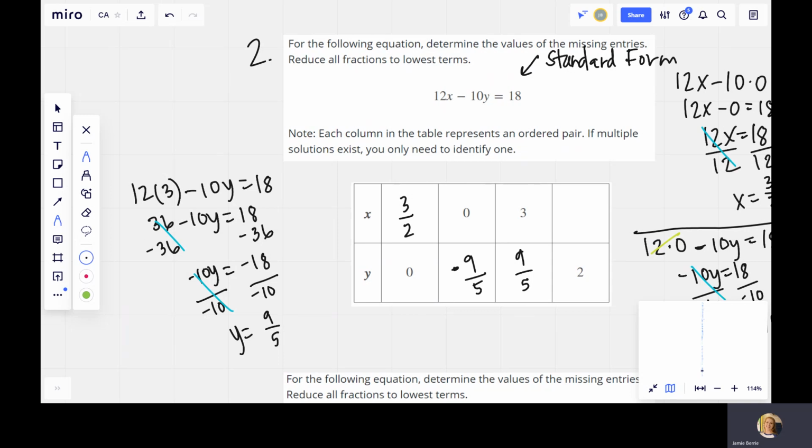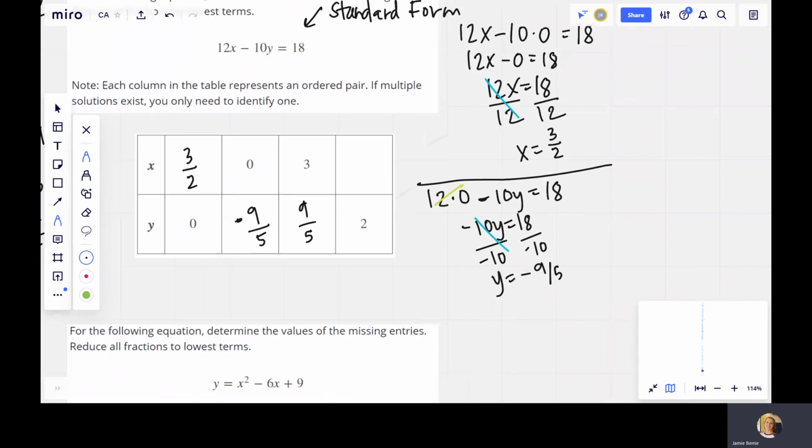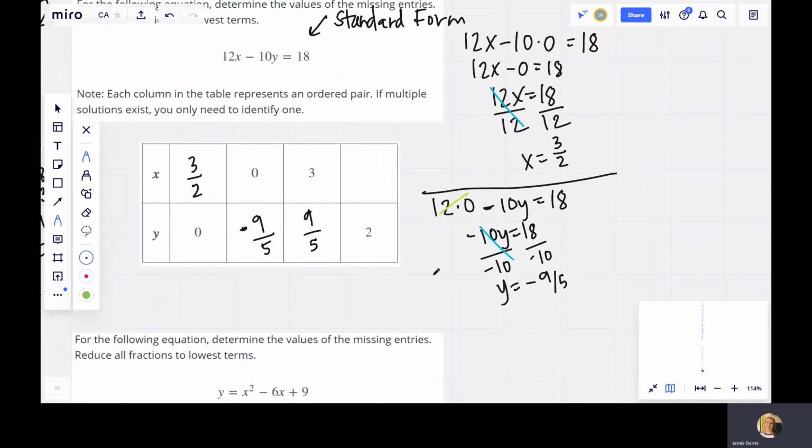I'm running out of room to do my scratch work over here. Let's scoot it this way this time. We'll do it all over here on the far side. Hopefully your scratch work looks a little bit neater than mine. All right, last column here says replace the y with 2. So again, 12x minus 10 times 2 equals 18.